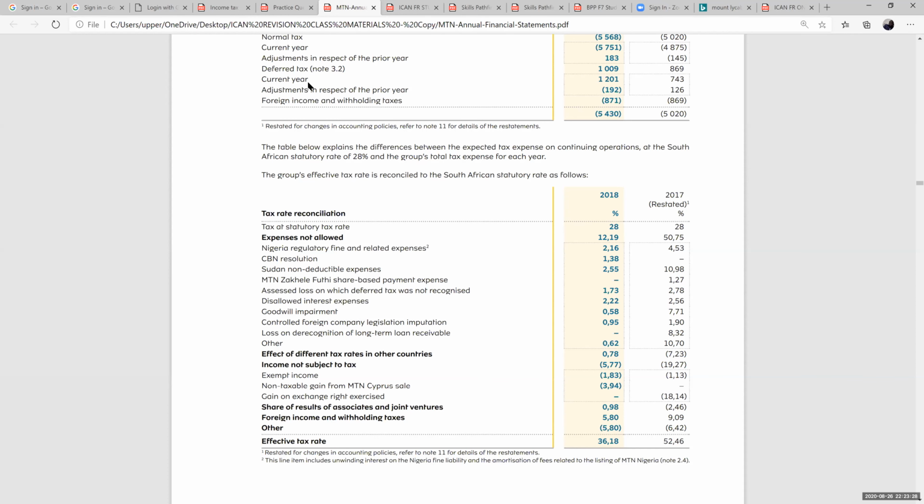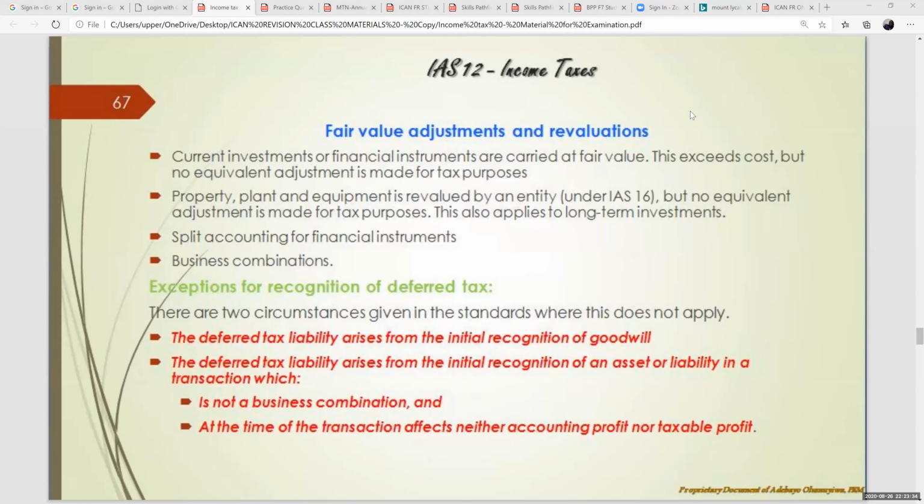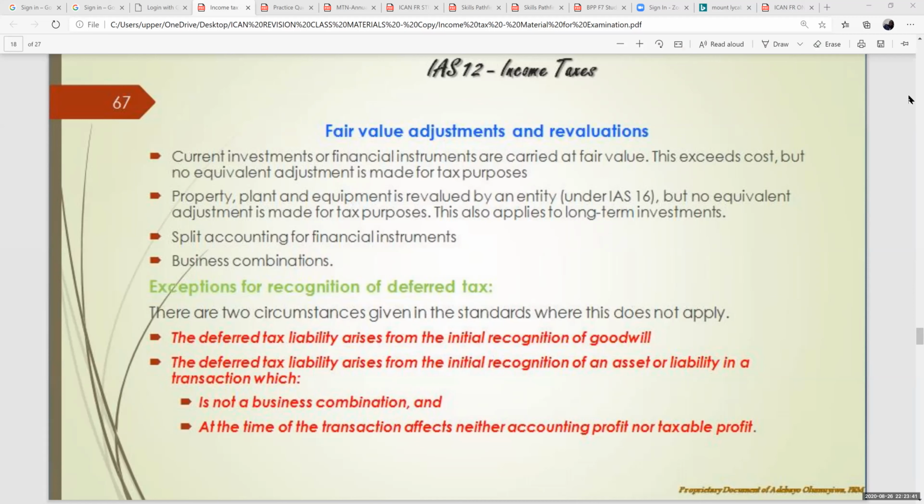I couldn't see the attachments. No, it's there. Everybody has seen it. Go to the chat box.